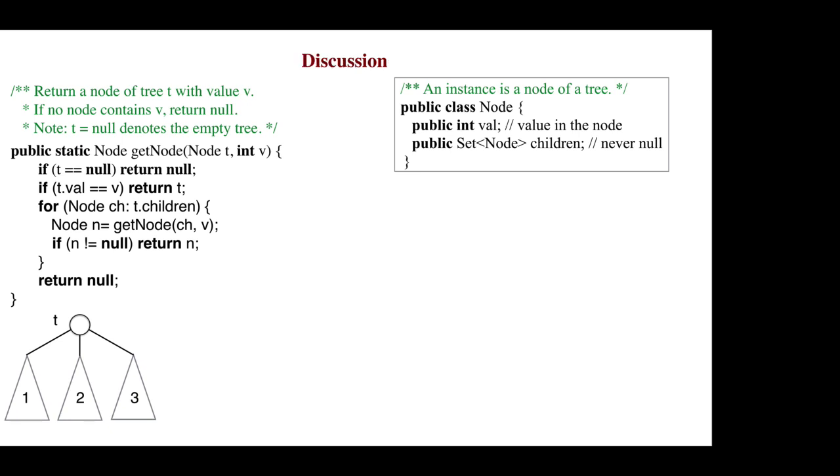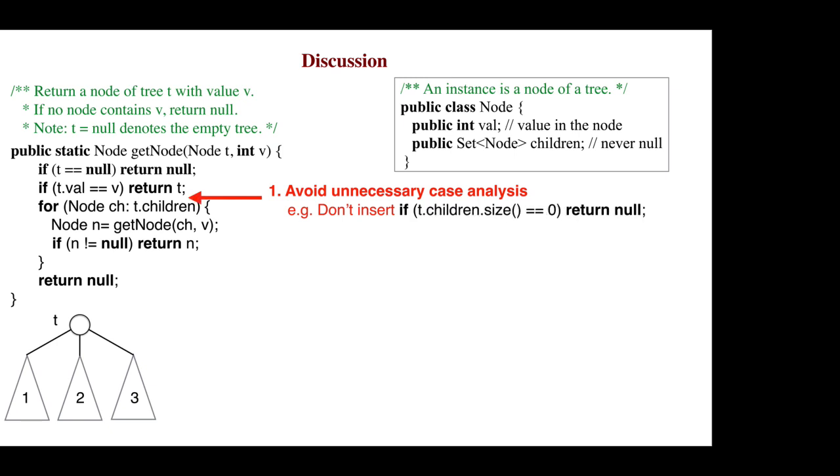We make several points about the development and the resulting method. 1. Avoid extra unnecessary case analysis. Some people put this statement before the for each loop: if t.children is empty, return null. This statement is unnecessary and makes the method less efficient. The for each loop processes the case of 0 children appropriately.